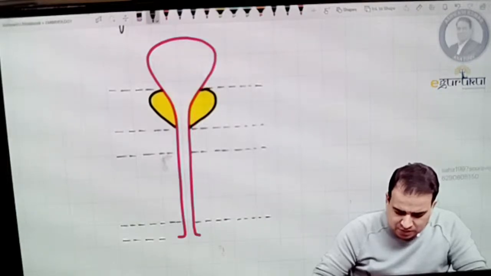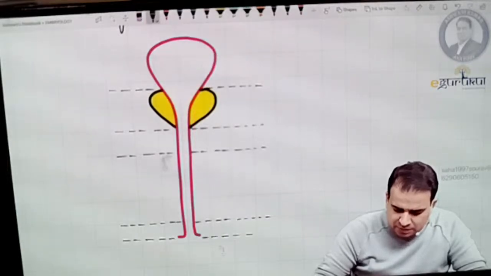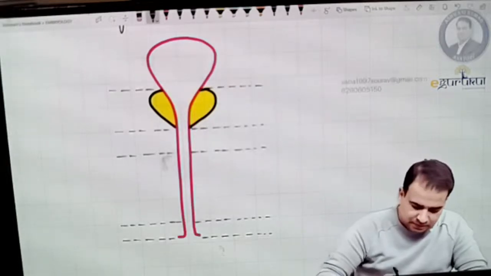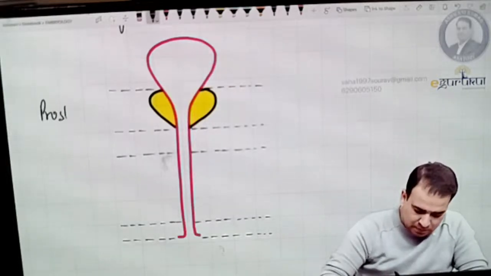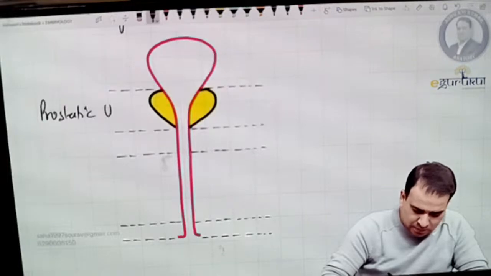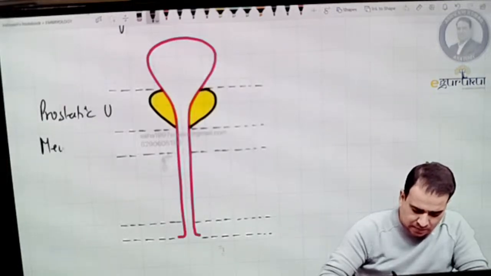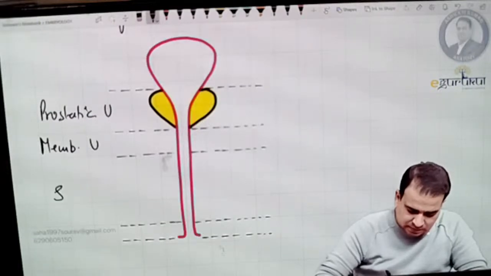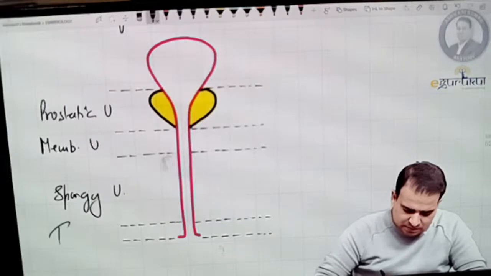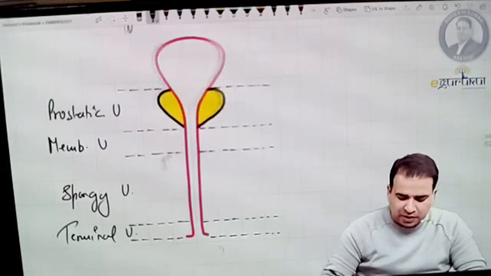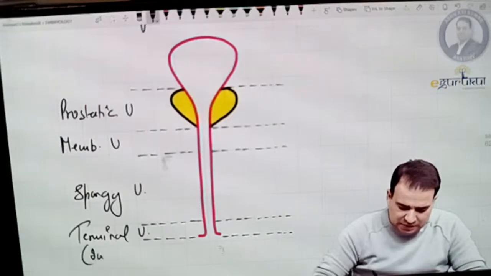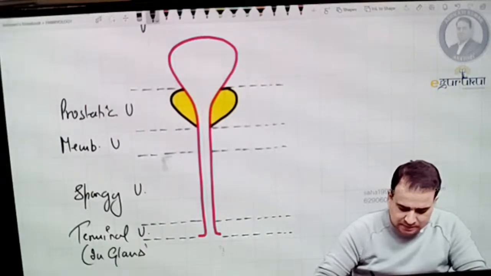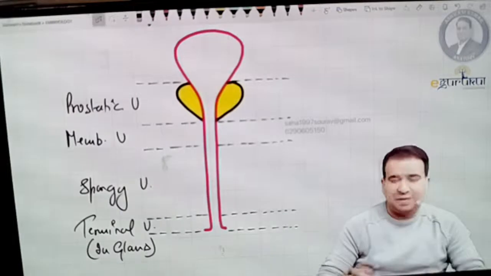And then we got this terminal urethra, which is present in the glans. Prostatic, membranous, spongy. And here's the terminal urethra, which is present in the glans.